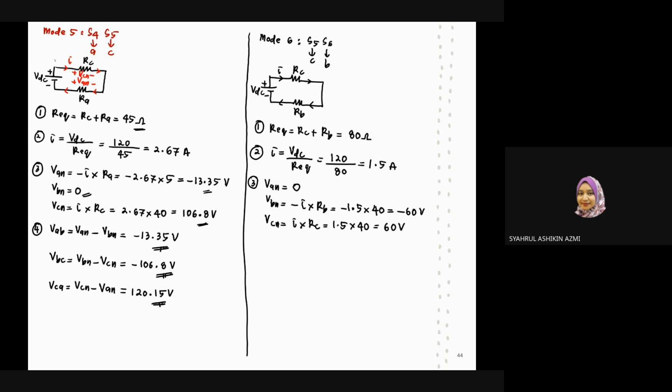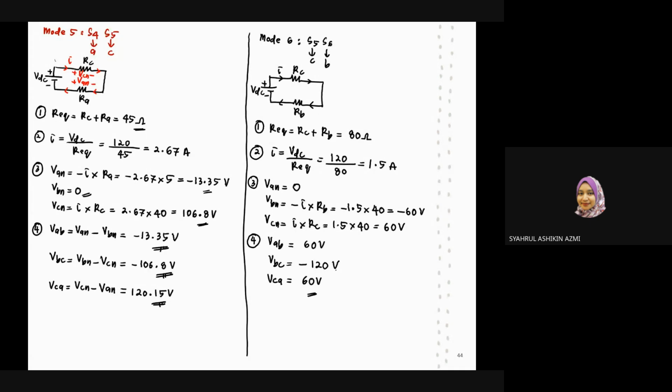Then the last one, VAB: VAN minus VBN, you get 60. VBC, negative 60 minus negative 60, negative 120 volt. VCA, 60 minus 0, 60 volt.